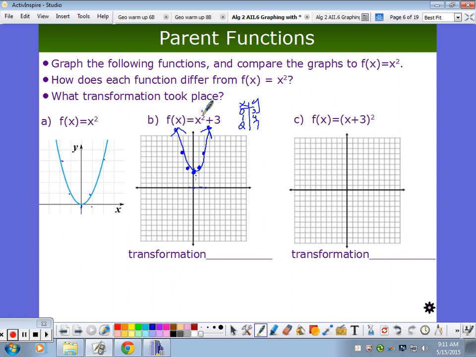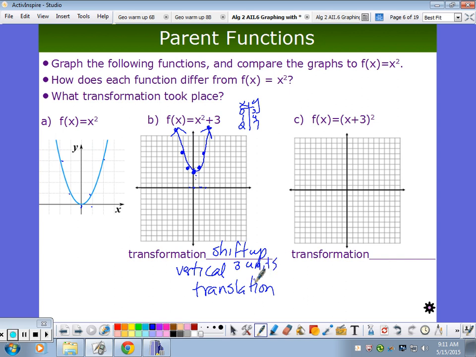Could we describe it a little bit more? Up. It's translated up. We take this graph and we shift it up using what's called a vertical translation, because I'm just going up in a vertical direction. And it's 3 units up, which matches this 3. Shift up 3 units. Can't hurt to say that.